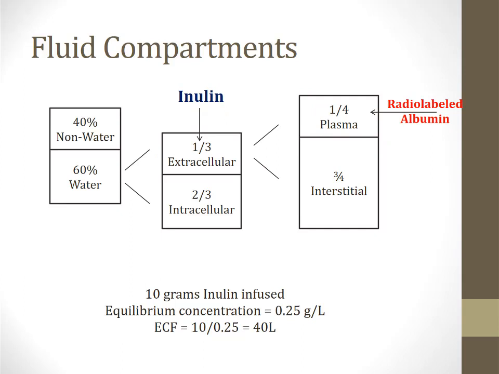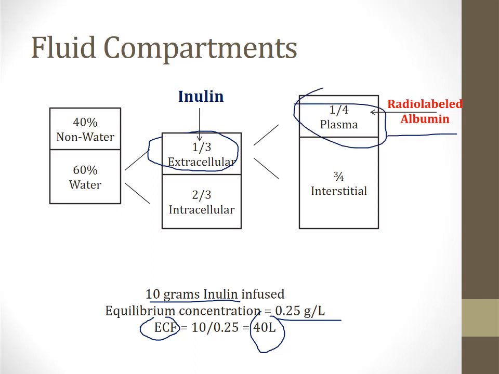So suppose we infuse 10 grams of inulin into a research volunteer and the equilibrium concentration in the plasma is 0.25 grams per liter. Then for that research volunteer, the extracellular fluid volume must be equal to 10 divided by 0.25, or 40 liters. So in this manner, we've determined the volume of the extracellular fluid compartment. The same thing can be done with radiolabeled albumin, and this will give us the volume in the plasma.